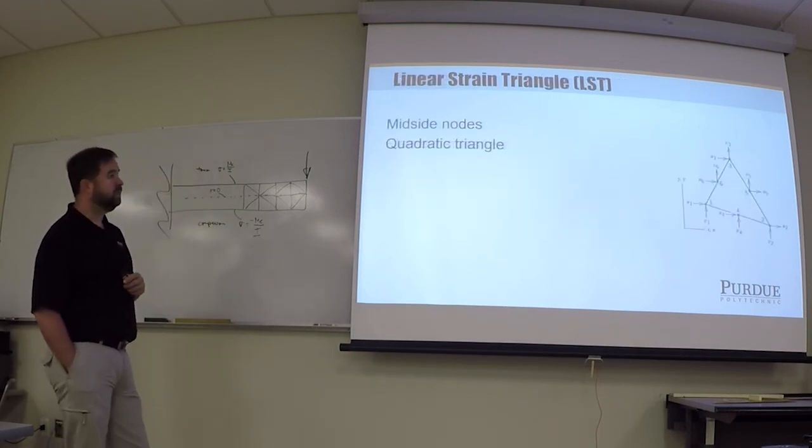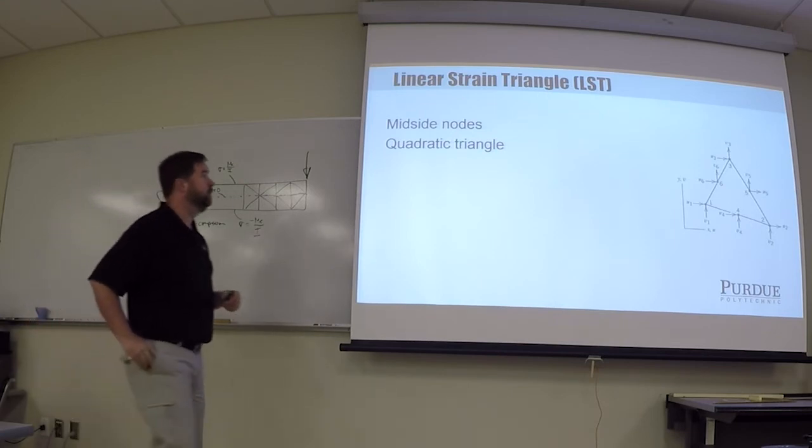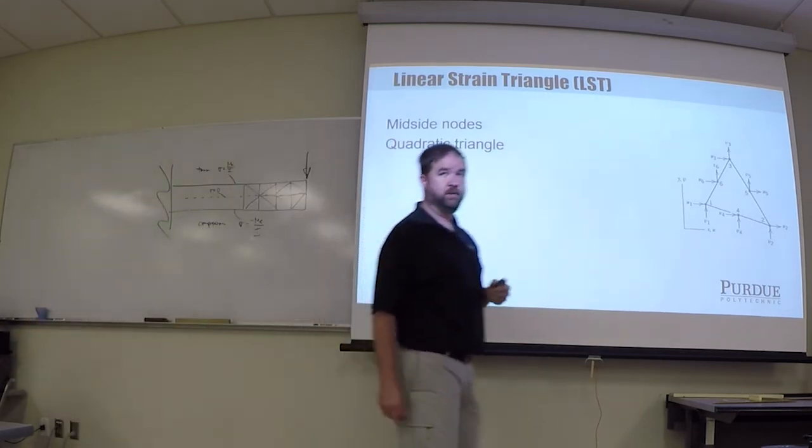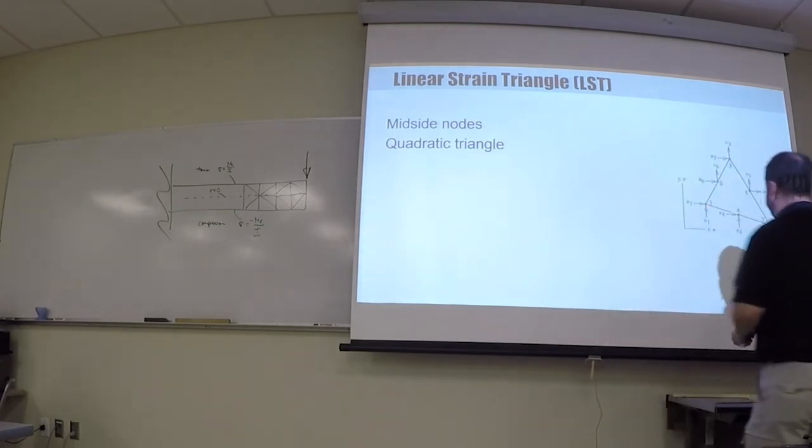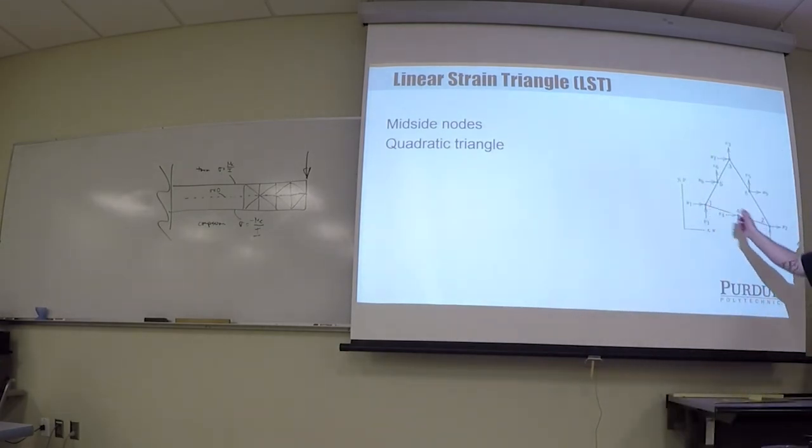Okay? So for a linear strain triangle, the formulation is changed in that I have what's called mid-side nodes. If I look at the element itself, I have nodes at the corners, and I also have nodes in the middle of each side. So if I have 3 points defining the side, that means that side can curve, right?